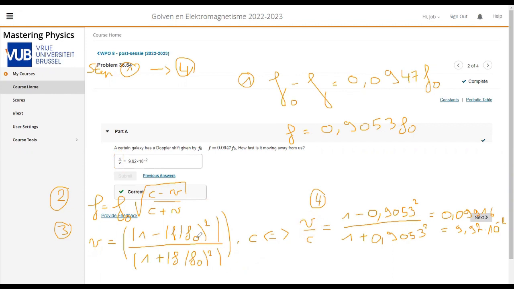Just this one on the other side. So it will be one equal to F over F0, and you will have this one.